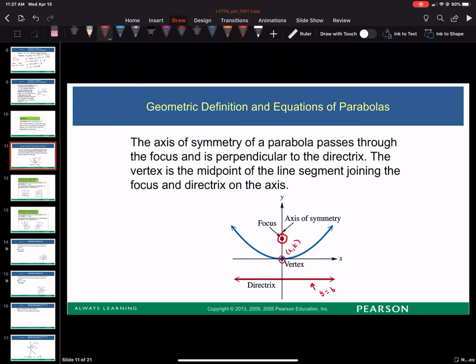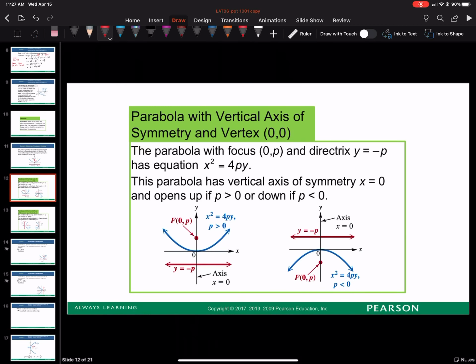So let's look at this. It says the parabola with a focus of (0, p) and a directrix of y is equal to negative p has an equation of x squared is equal to 4py. The parabola is vertical, has a vertical axis of symmetry, x is equal to 0, and opens up if p is greater than 0 or down if p is less than 0.